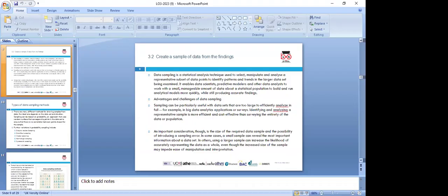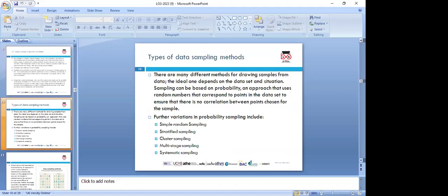So this is what it's about when it comes to data sampling. You should be able to create a data sample from your findings. And then what are the types of sampling?